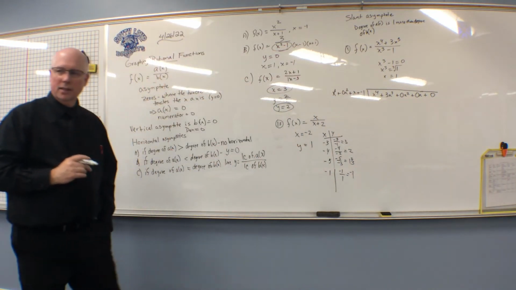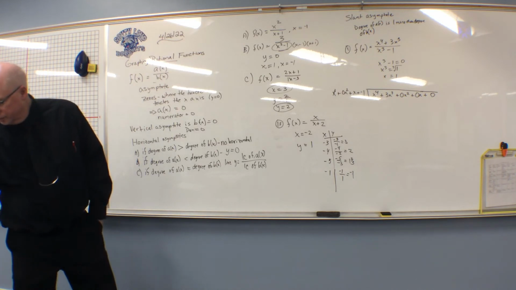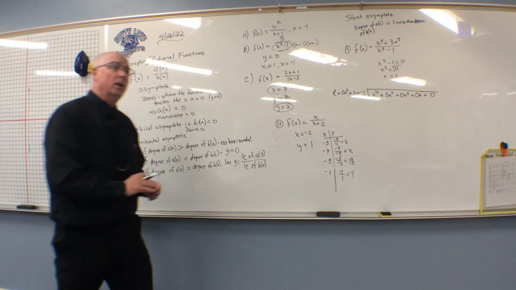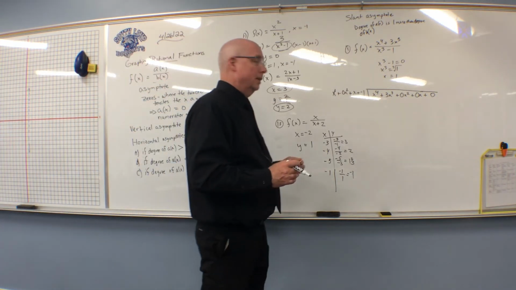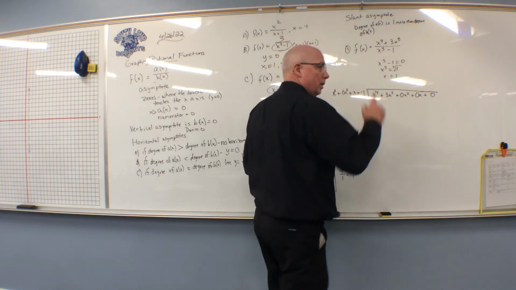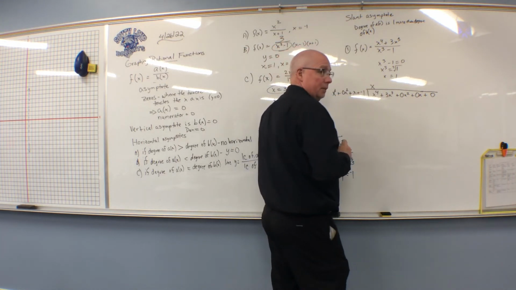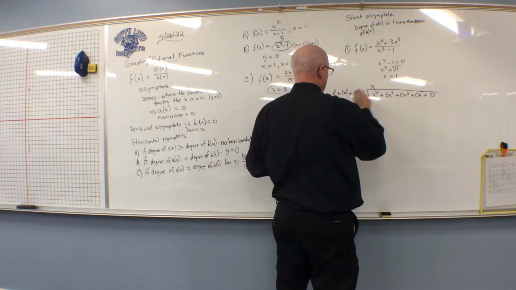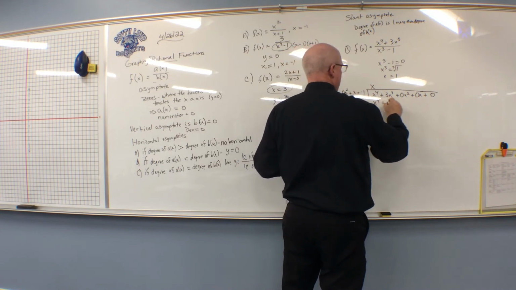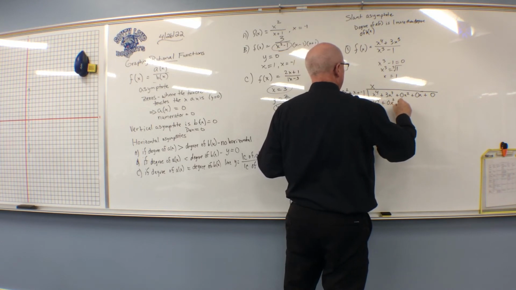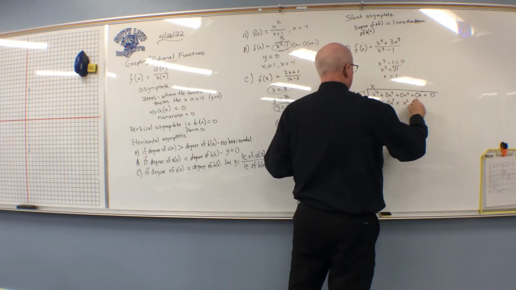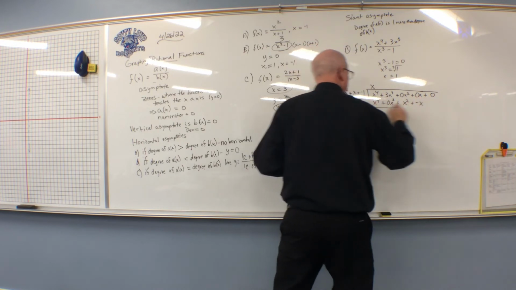You see how I said this is an extreme case? Now, because of time, I actually did it so that I wouldn't mess up, because it's very easy to mess up here. But x to the third goes into x to the fourth 1x times. X. And I take it times all of it, so x to the fourth plus 0x to the third plus x squared, that's 1, plus a negative x.